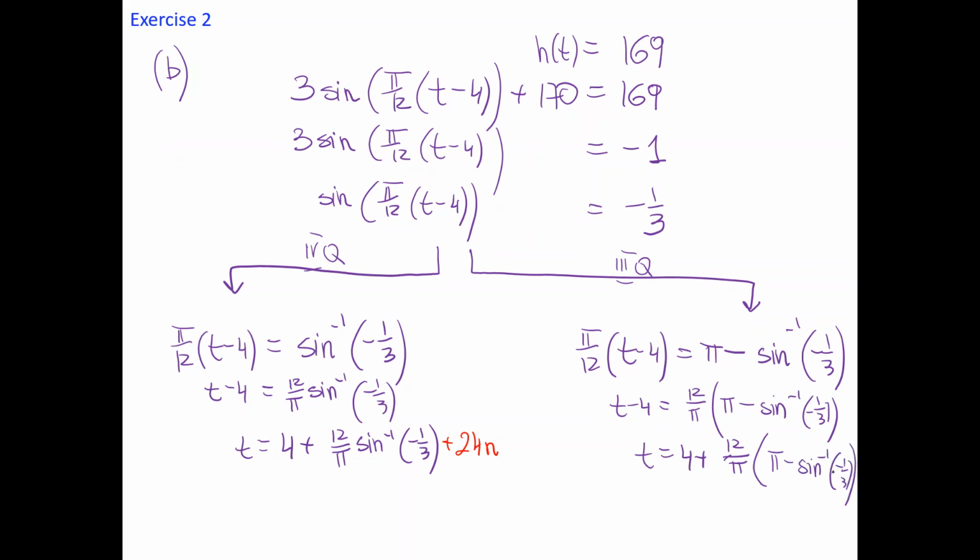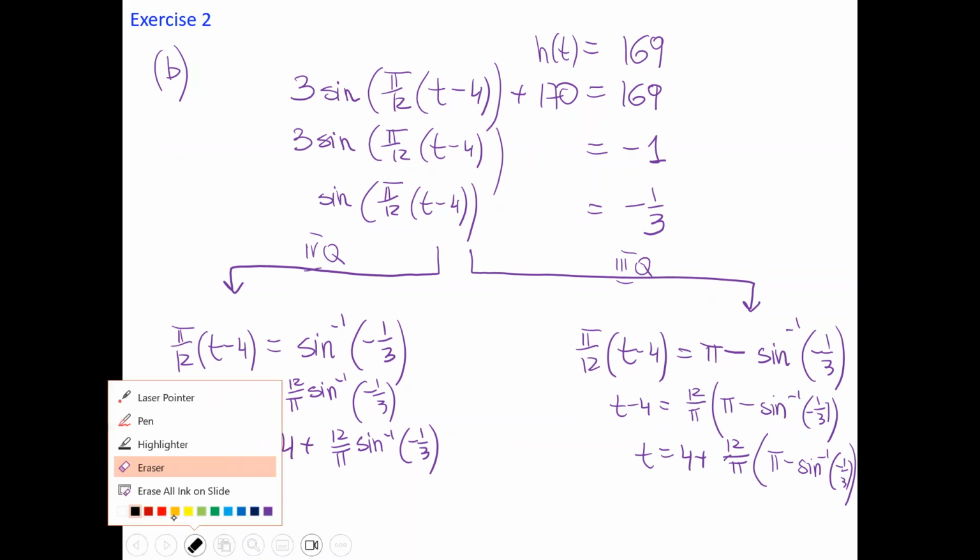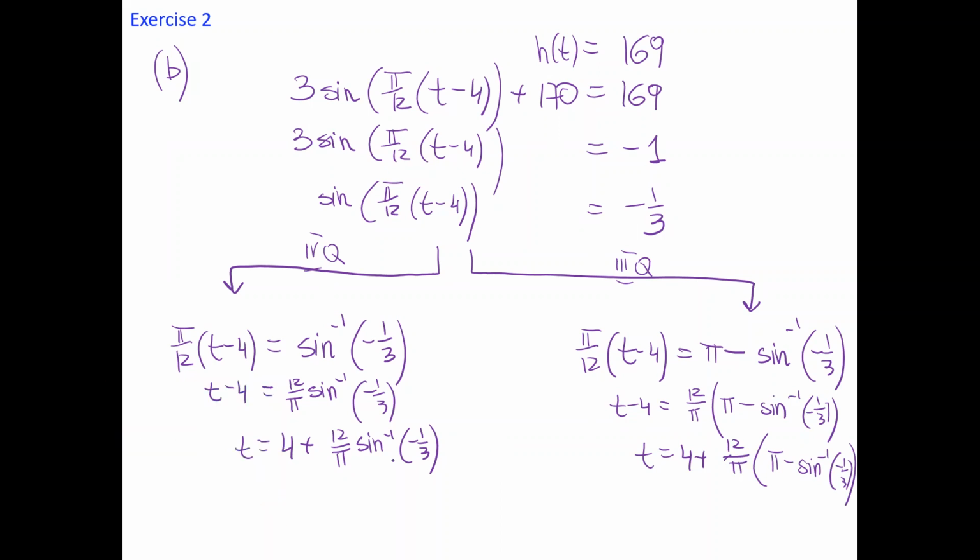When we use the calculator, I typed everything and I got 26.7 for the first, and for this one I got 17.3.